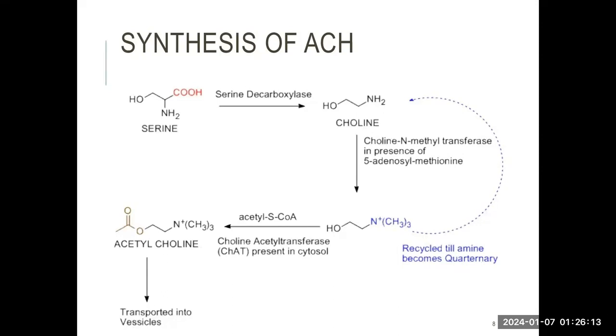This process keeps on repeating until it becomes the quaternary amine. And this choline, combined with acetyl coenzyme A, is converted by the enzyme choline acetyltransferase in the cytosol into acetylcholine, which is transported into the vesicles.